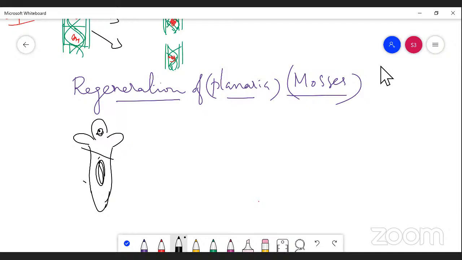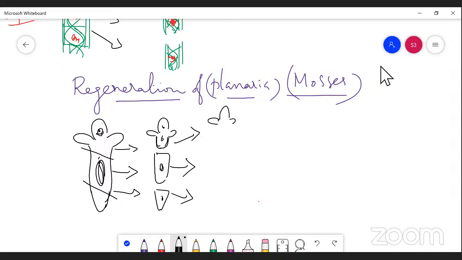When the Planaria body breaks into pieces, any piece develops into a new organism.